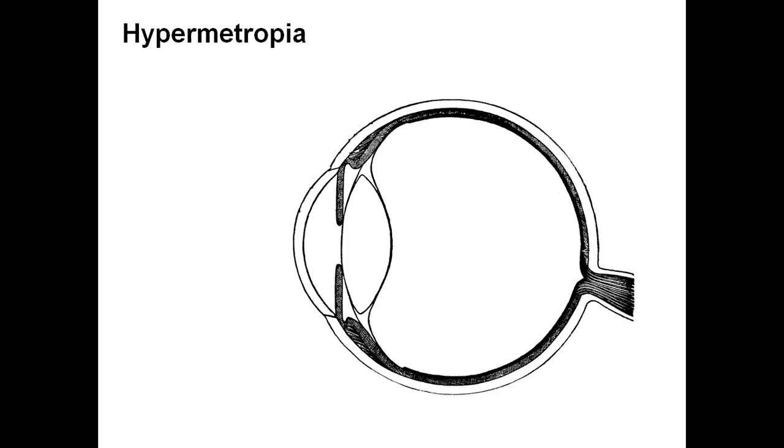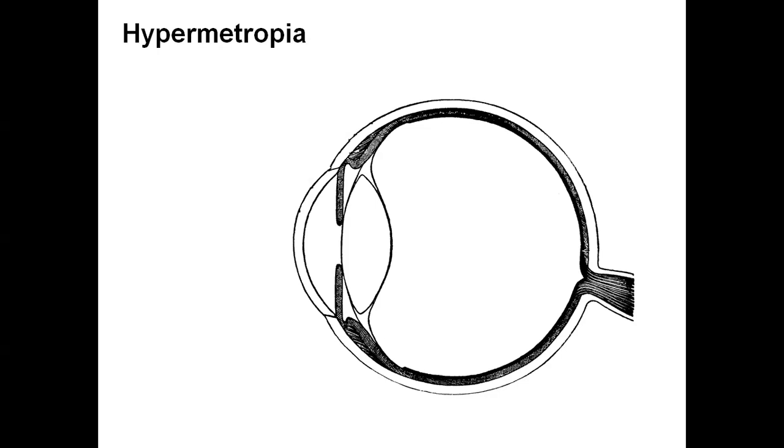Now it is the opposite: in this defect, we can see a long distance object clearly, but at that time we are unable to see a near object. So the near point for the person is further away from the normal near point at 25 centimeter.